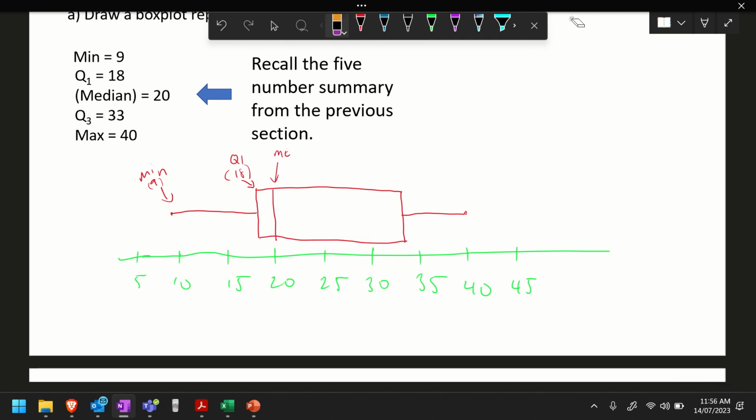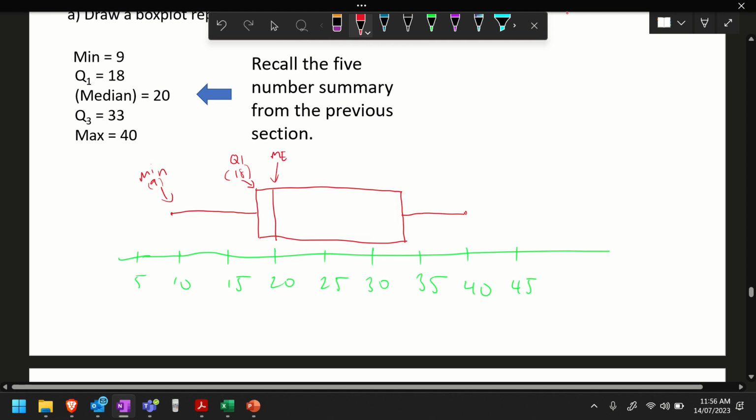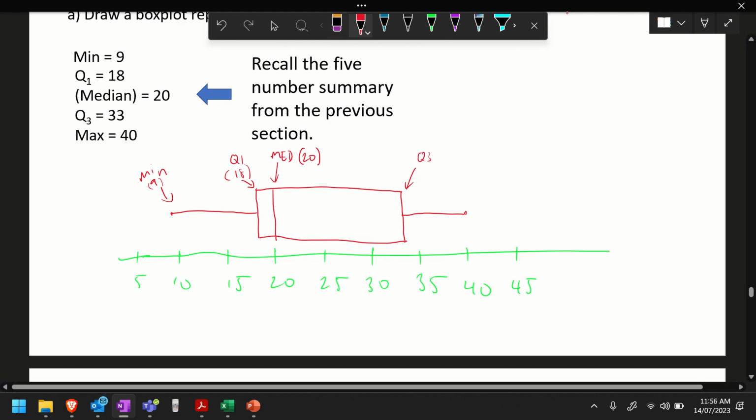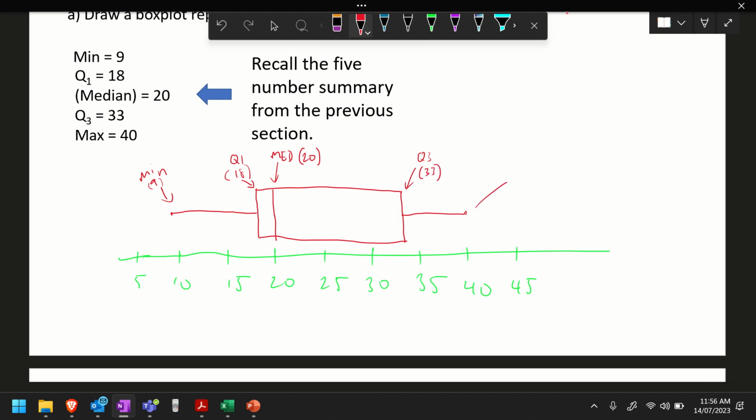Not necessary. This is the median, and the value was 20. This Q3 is 33. Is it 33 or 34? I think it's 33. I think that's an error maybe. And then this maximum is 40. And you can put max there as well. So there it is.